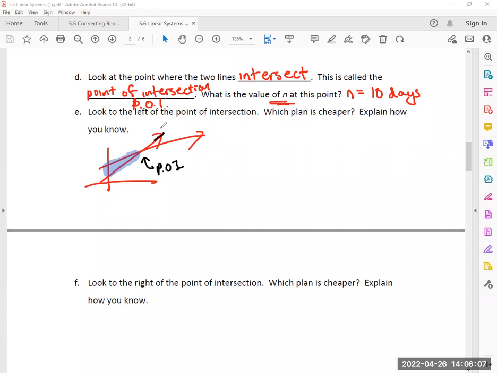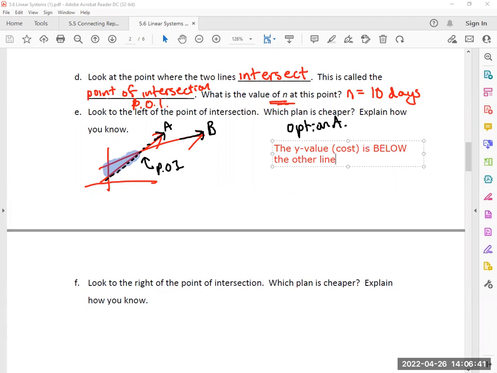So this line should be option A, and that line should be B. Would you agree? So A is actually low on the left side. Which plan is cheaper? Option A. How do you know? Very simple. The Y value, which is the cost, is below the other line. That's it. It's lower, so cost is lower.